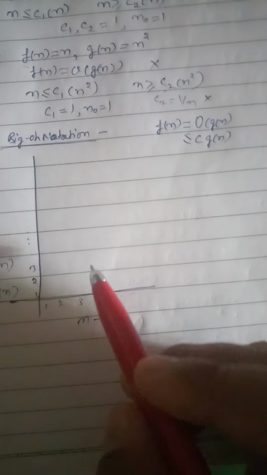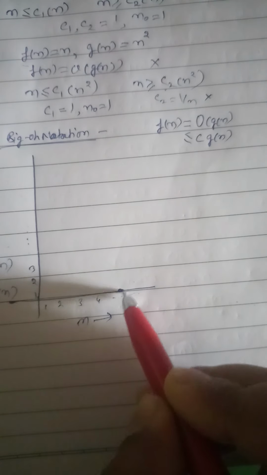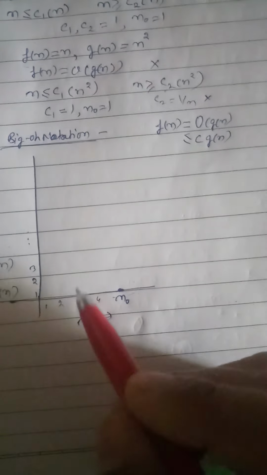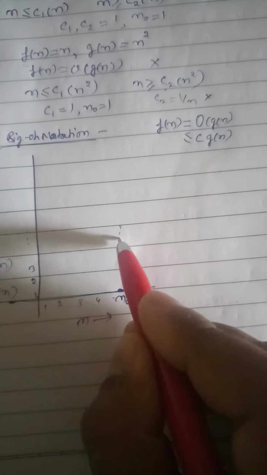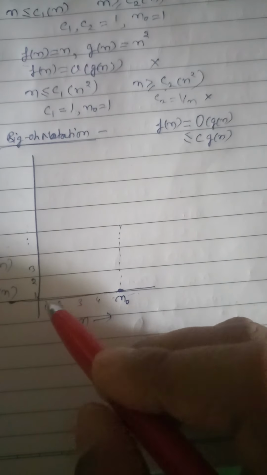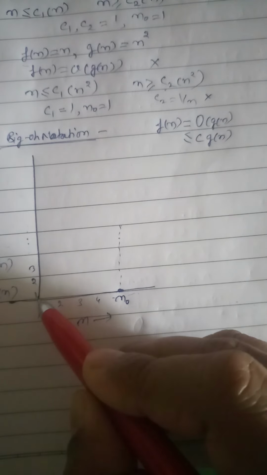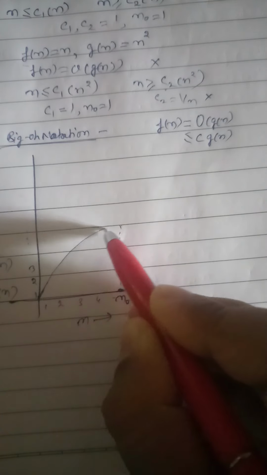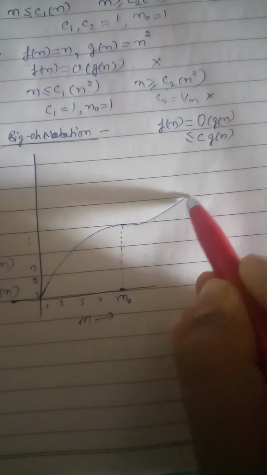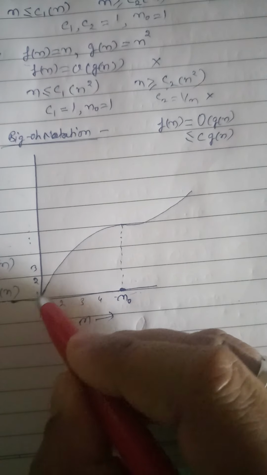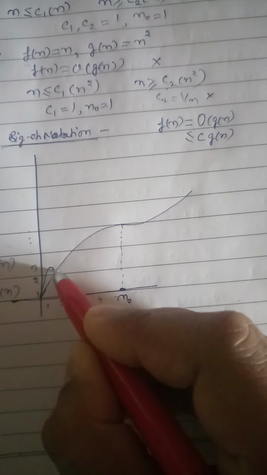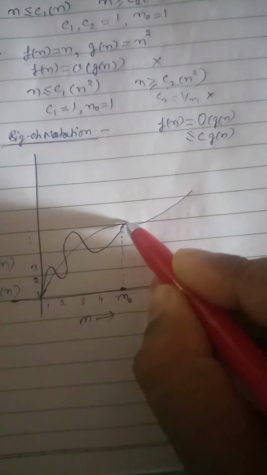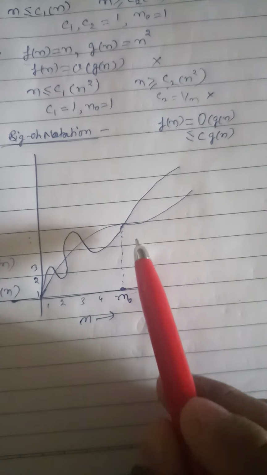Suppose somewhere here is n naught. Why is this n naught?